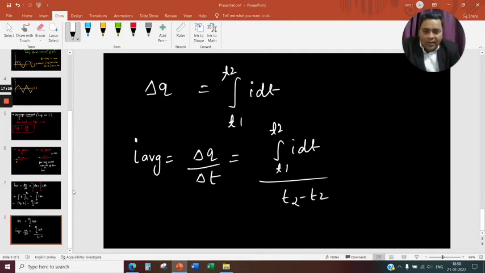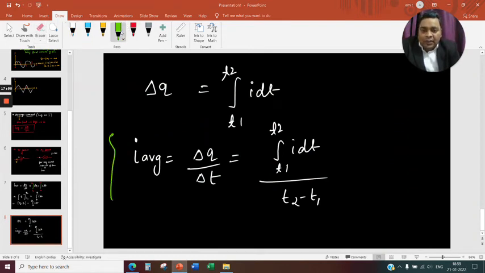So finally we have got the equation for I average, that is equal to integration from t1 to t2 I dt divided by t2 minus t1. Let me correct it, it is t1 here. T2 minus t1. Final minus initial.